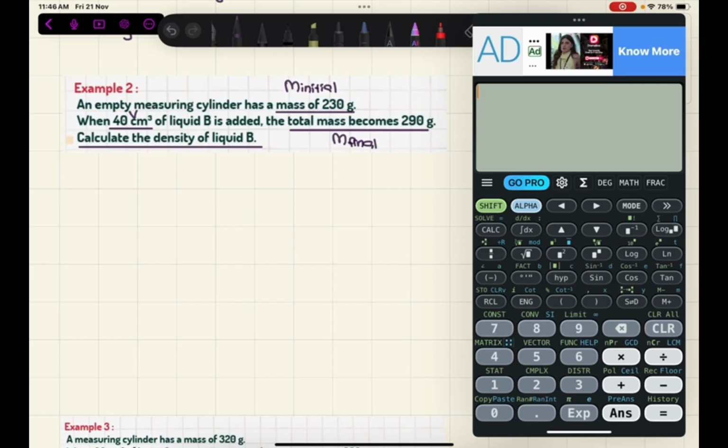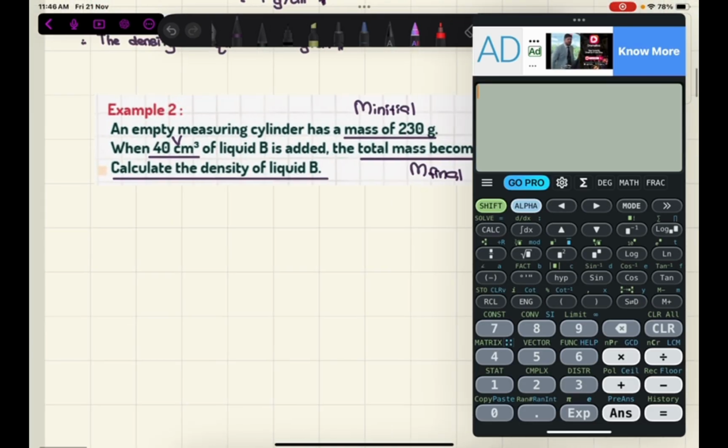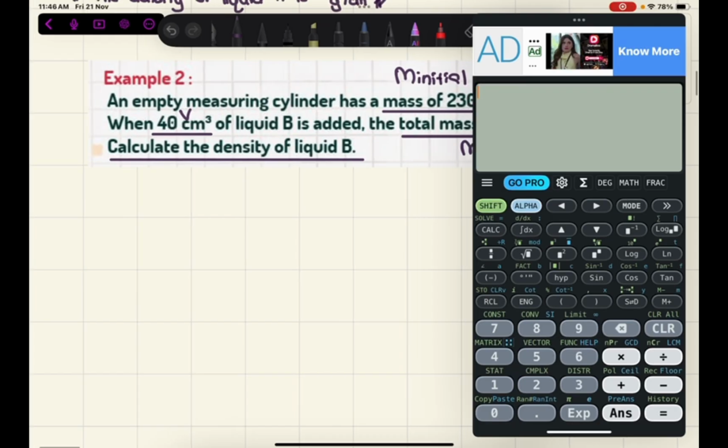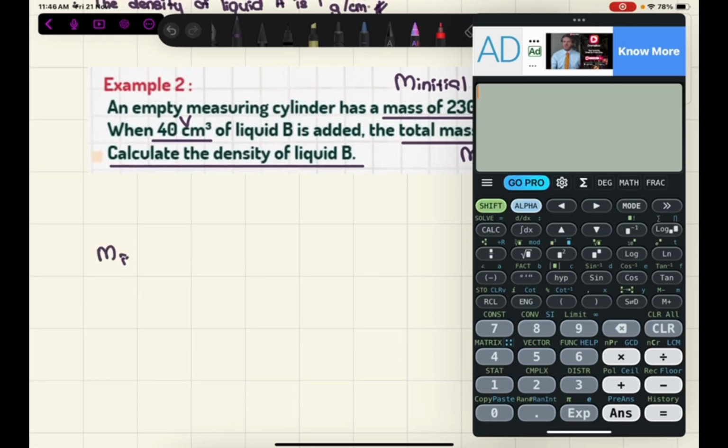Okay, so density of liquid B. The question asks for the density. Let's list down the information that we have so you do not get confused. What is the first information? Initial mass equal to 230 gram.